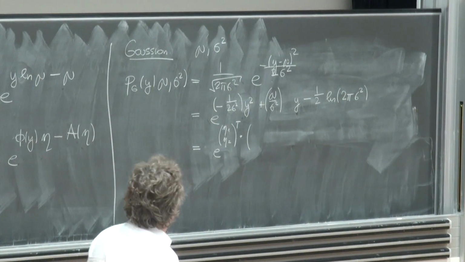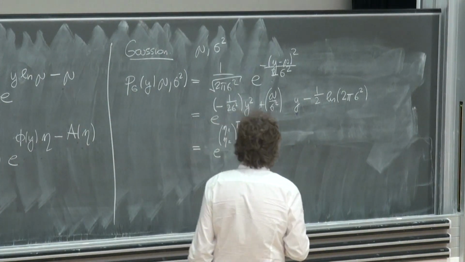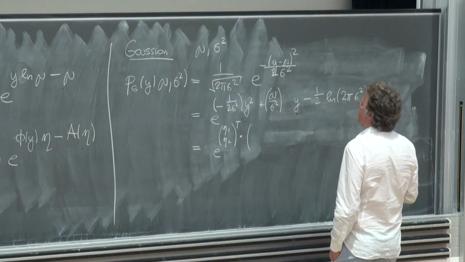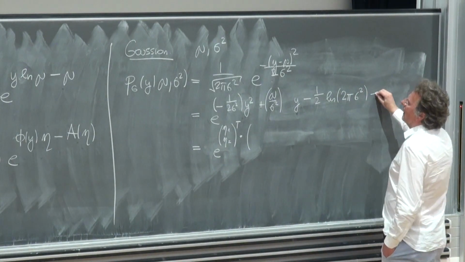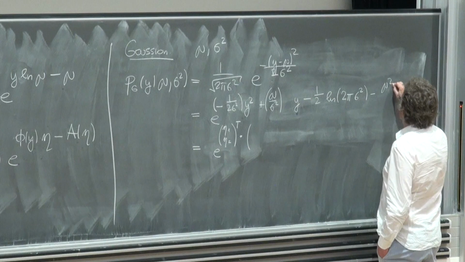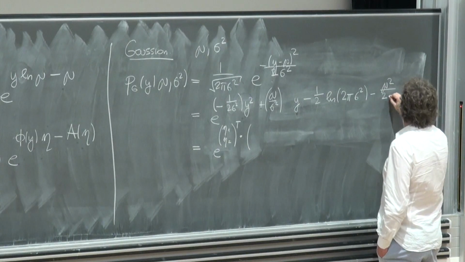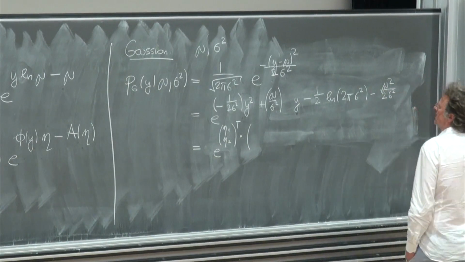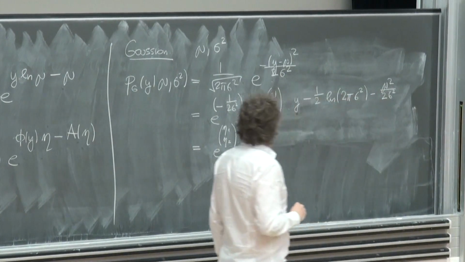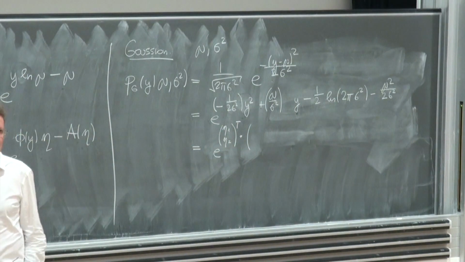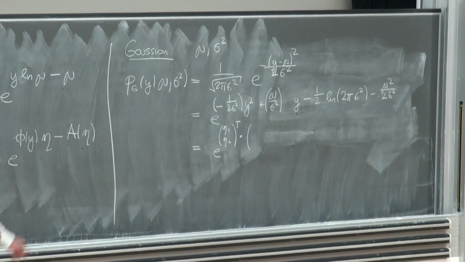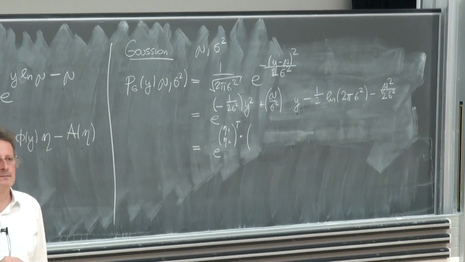You're missing a term. I'm missing a mu squared. Thank you very much, okay? I get a minus, and then I have a mu squared over 2 sigma squared. Okay, thank you very much. Good, so what is now the phi in this case?